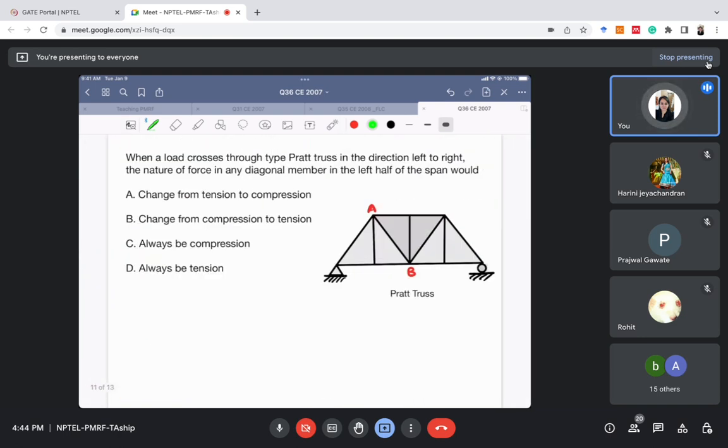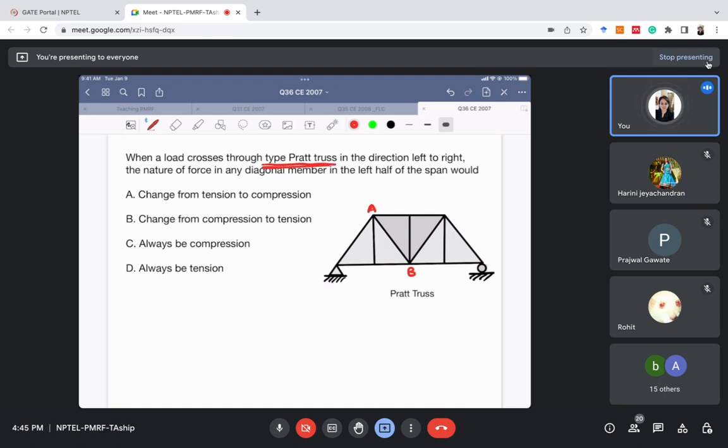Now this question you can note down for your homework. Please either take a picture of it or just note it for practice. In this question, they asked when a load passes through a Pratt type truss. Pratt truss is one of the common types of trusses. I think it was a GATE question.